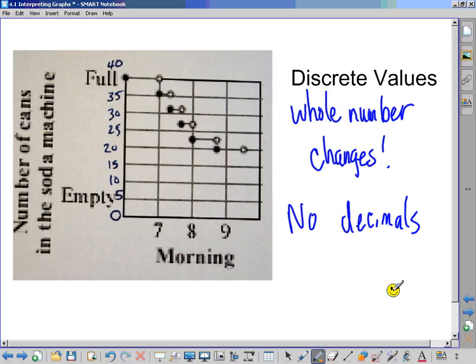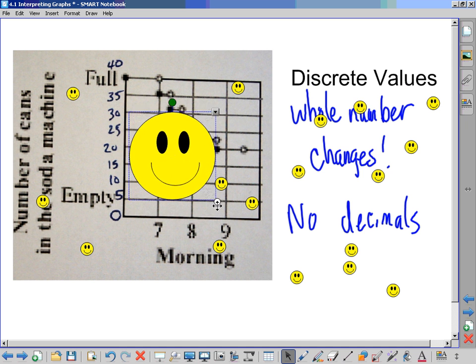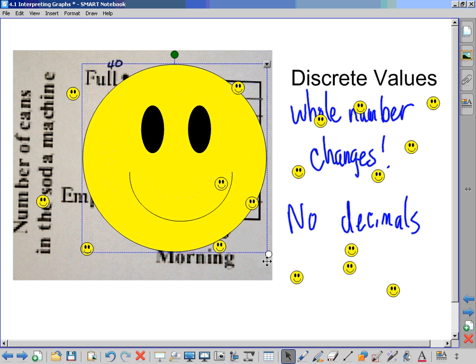If I was making a graph which was counting the number of smiley faces on this screen, would that be discrete or would that be more of a continuous style graph? Counting the number of smiley faces. That would be discrete because there's one smiley face, two smiley faces, three smiley faces, four. Now, if you were making a graph which was determining the radius of this smiley face as I did this, would that be continuous or discrete?